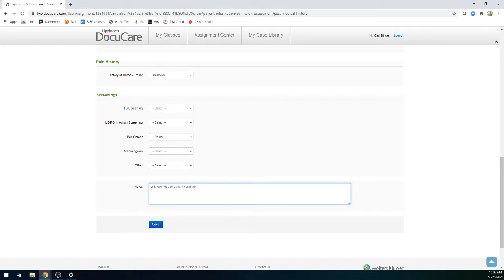So you're showing me that you've looked at these, but since the patient was so short of breath, you're deferring it because he's only doing one-word sentences. That's fine. But it's showing me as a chart auditor or someone that is doing an investigation that you attempted to do these assessments. Okay?